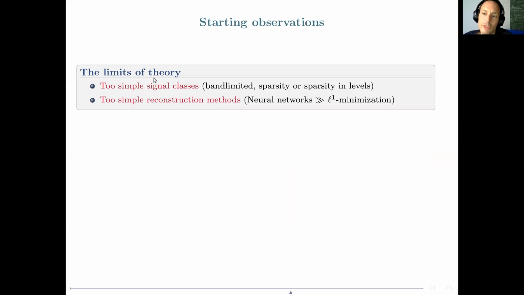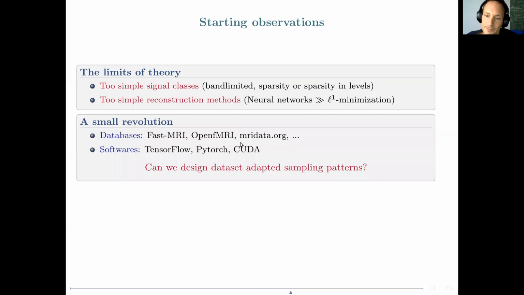First, we consider two simple signal classes. For instance, we consider the space of band-limited functions or a space of sparse functions in some orthogonal basis, but this is too simple. The second problem is that the reconstruction methods are too simple also. And we now know that neural network reconstructions are superior to L1 minimization.